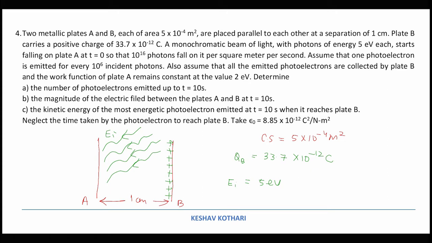So now we are saying that the number of photons falling on plate A, if we calculate, we can write it as 10 to the power 16 into area, that is 5 into 10 to the power minus 4.